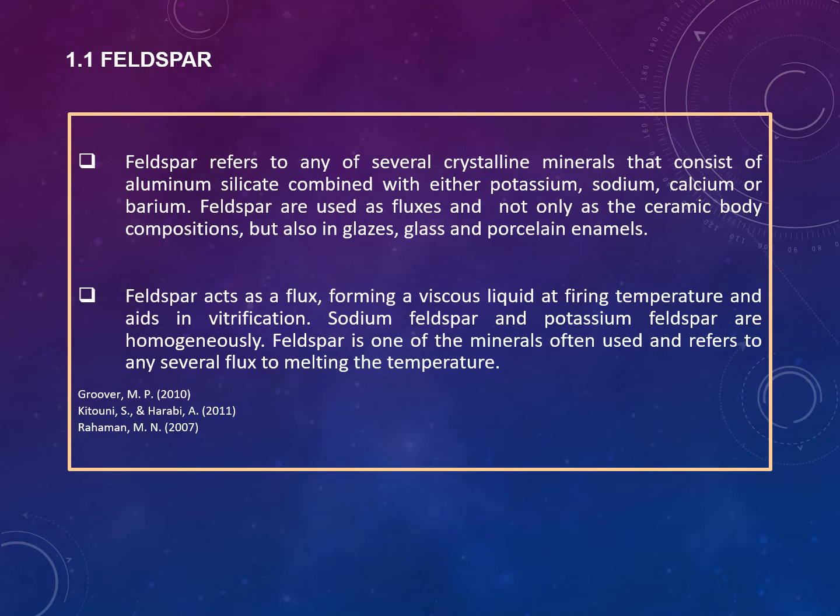Feldspar as a flux forms a viscous liquid at varying temperatures. Sodium feldspar and potassium feldspar are homogeneous. Feldspar is one of the materials often used as a flux to lower the melting temperature.